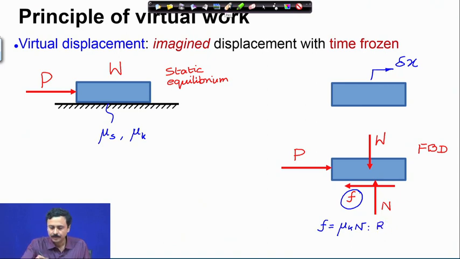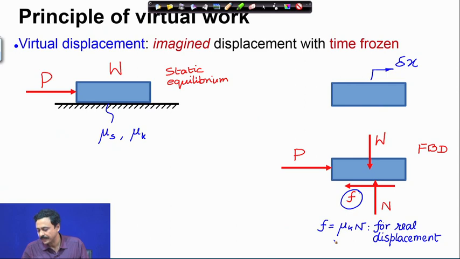So, for real displacement, if I give a real displacement to the block, then because of sliding, the force of friction will immediately become mu k times N, as we know.